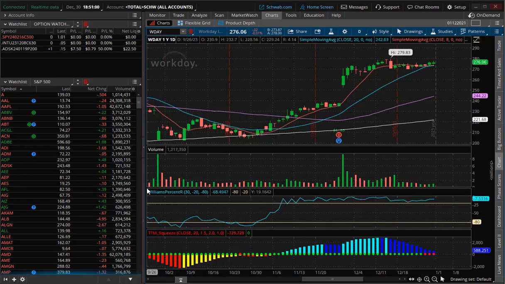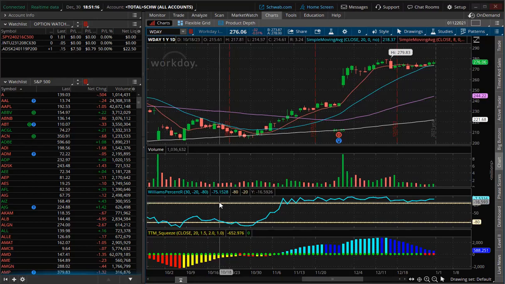The Williams indicator, right underneath volume, lets us know how overbought or oversold a stock has become. When it's at the top above the 20 white line, the stock is overbought, and you can expect the price to eventually go down.